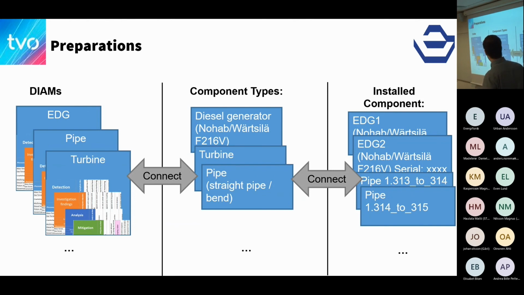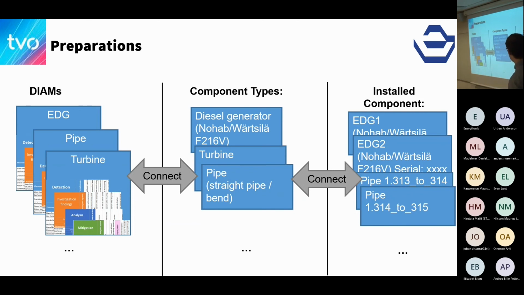So when we are working with installed components, which are the actual components with certain serial numbers in a plant, with the connections we have, we can specify what type of DIAM we are working with, and all the suggestions are based on that.